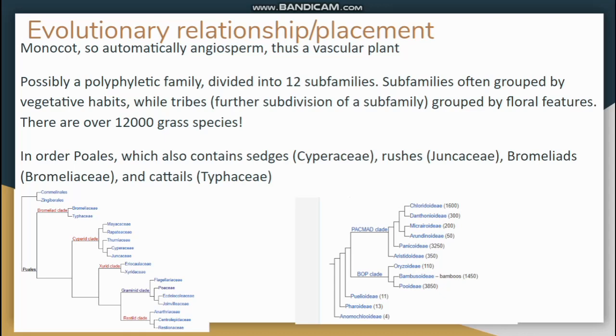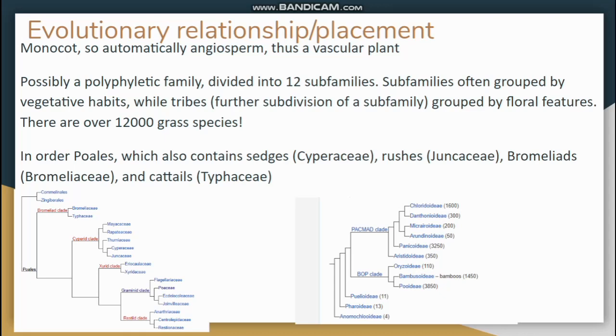We usually group the subfamilies by the vegetative habits, so the way the leaves are arranged. Meanwhile, the tribes, which are a subdivision of that subfamily, are usually grouped by the floral characters. They are within the order Poaceae, which has a lot of things that look like grass but are not grass.